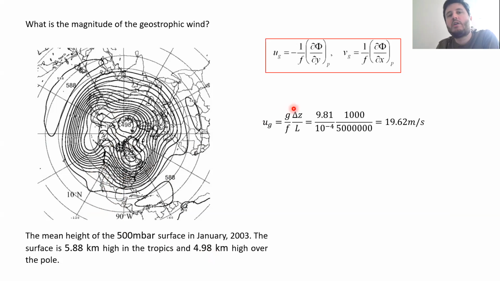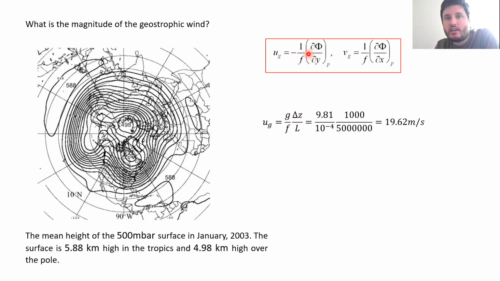Now we can just get a number for the zonal wind. We have seen from this expression that the zonal wind is proportional to the partial derivative of phi with respect to y. In a discrete form, if we plug in here, remember that geopotential height is just geopotential divided by g.